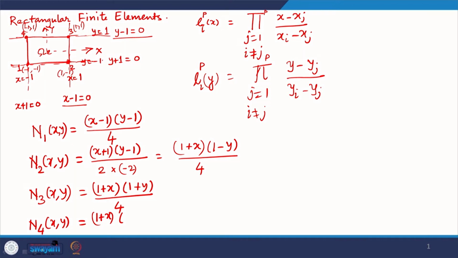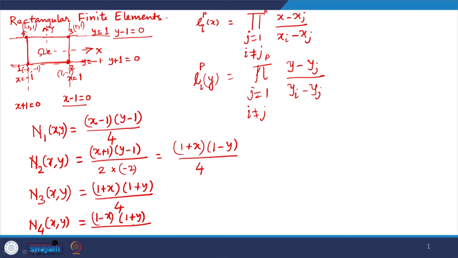Equation of line 2 3 is 1 minus x and equation of line 1 2 is 1 plus y, and when I evaluate it at x is equal to minus 1 and y is equal to plus 1, which are the coordinates of node 4, I get 2 multiplied by 2, that is equal to 4.